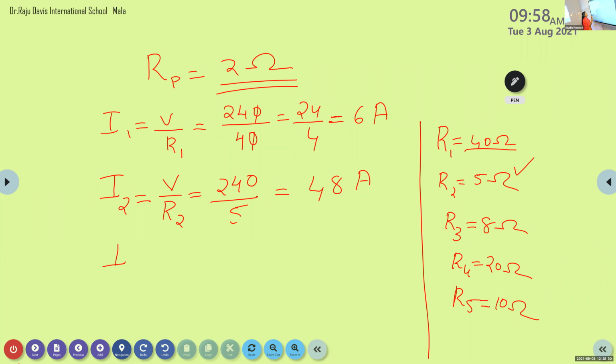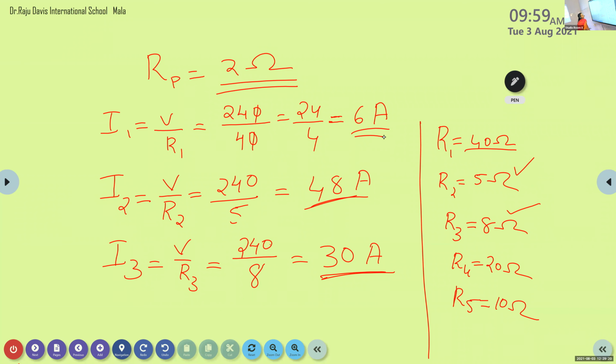Now current I3 is equal to V by R3. Potential difference same, 240 divided by the resistor R3, which is 8. 240 divided by 8. 30. Yes, 8 into 3 is 24, so 3 and here 0, 30 ampere.